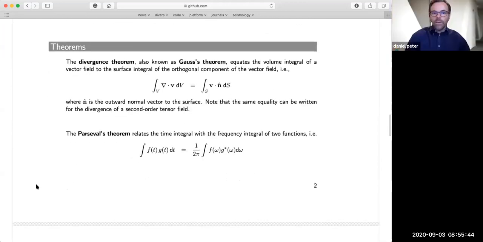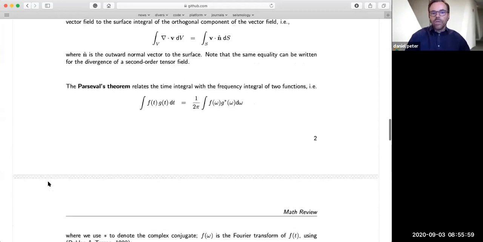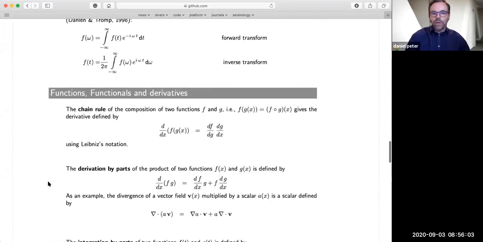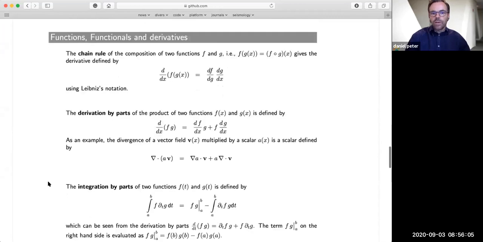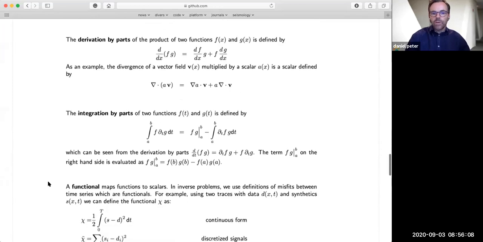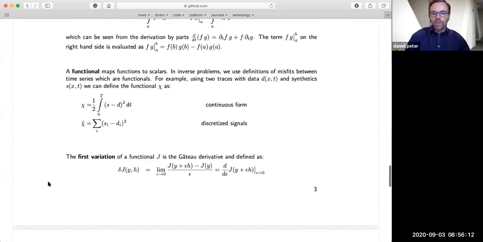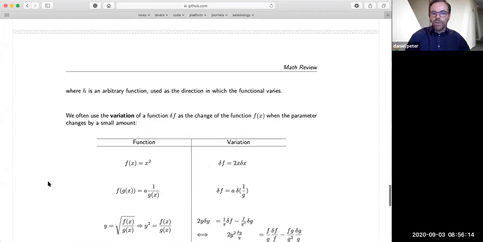And then here you also have the theorem that we were using, Gauss theorem, also called the divergence theorem. We go from a volume integral of the divergence to a surface integral, for example. Then there will be some more, but we don't really need that one. Chain rules. Probably you're already familiar with all these things, so a lot of it is maybe just a reminder.